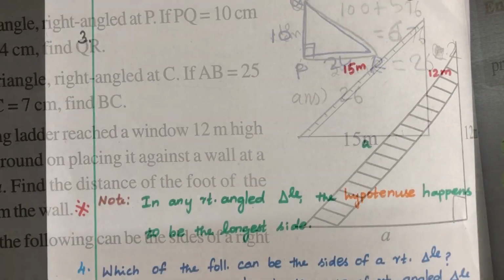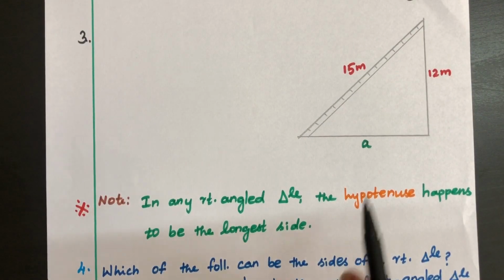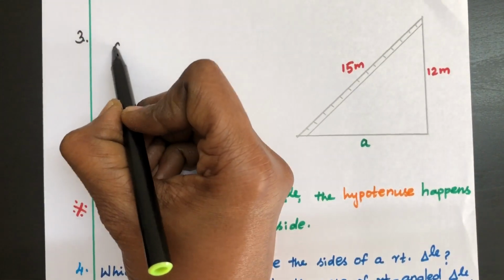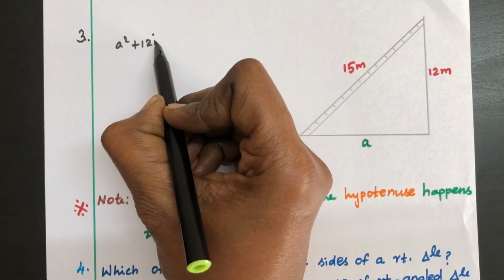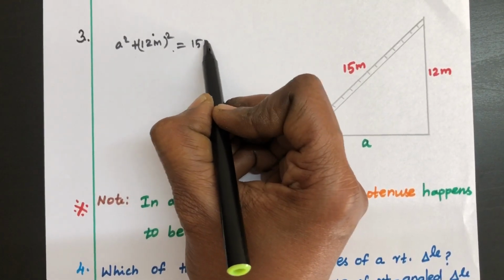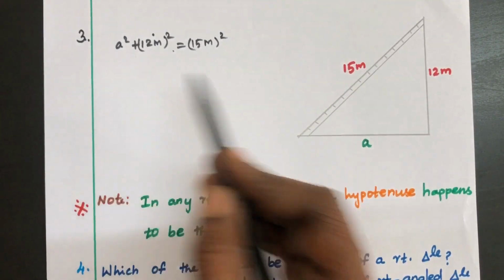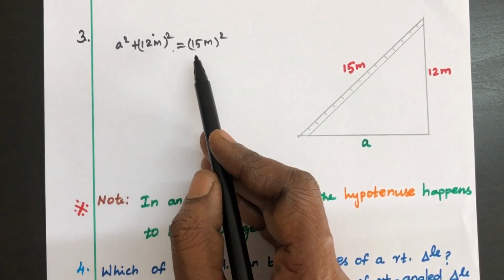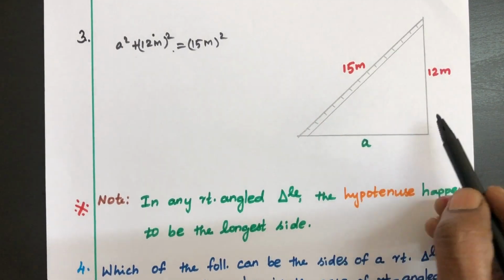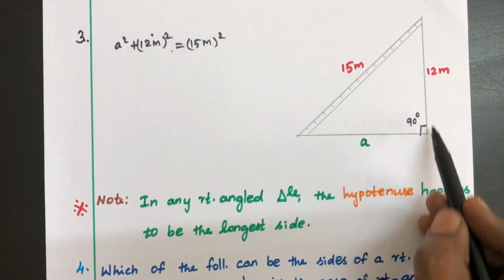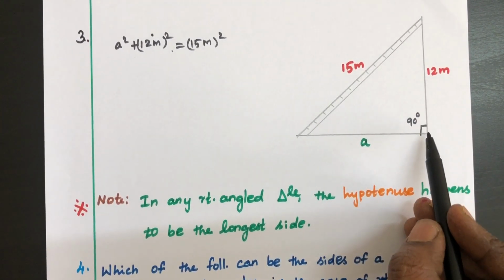By Pythagoras theorem, a square plus 12 meter square is equal to 15 meter square. That means the sum of the squares of the two sides is equal to the square of the hypotenuse. This is the hypotenuse and this is the 90 degree formed here. For any wall and the ground, it is always 90 degree.